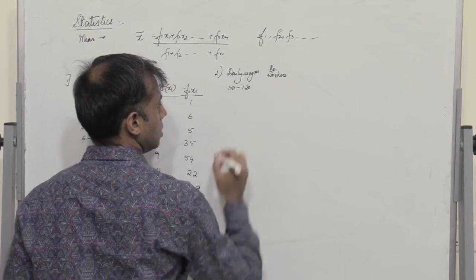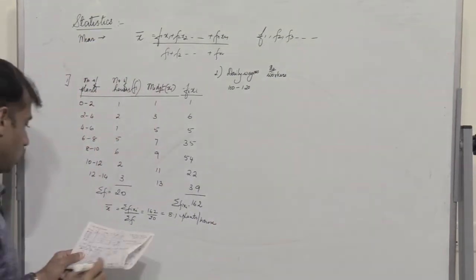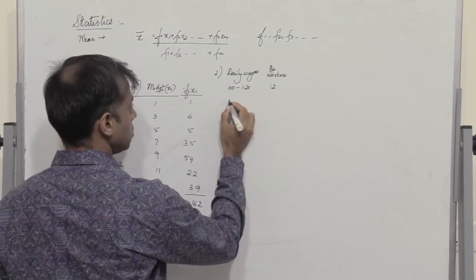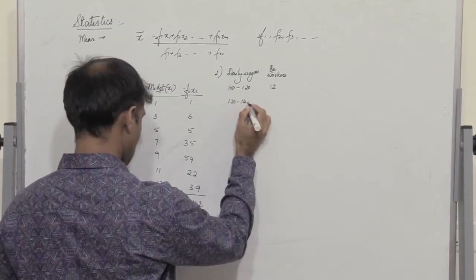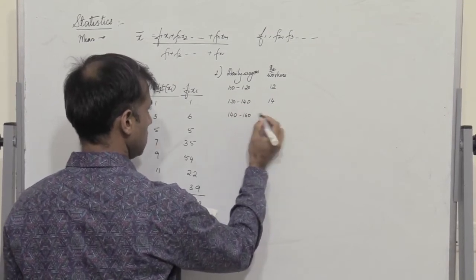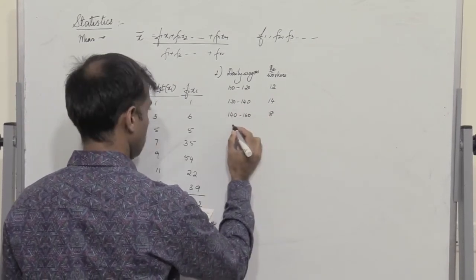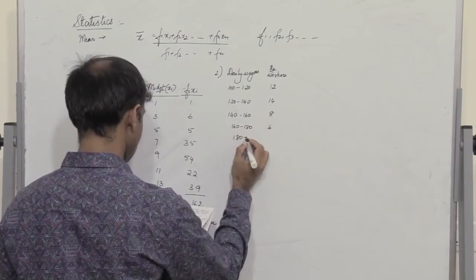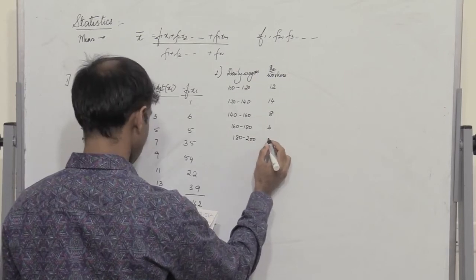In the range of 100 to 120, 12 workers get. So 120 to 140 we have 14 workers, and then 140 to 160 we have 8, and 160 to 180 we have 6, and then 180 to 200 we have 10.